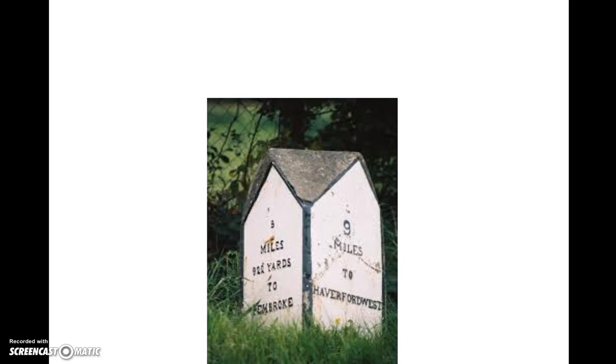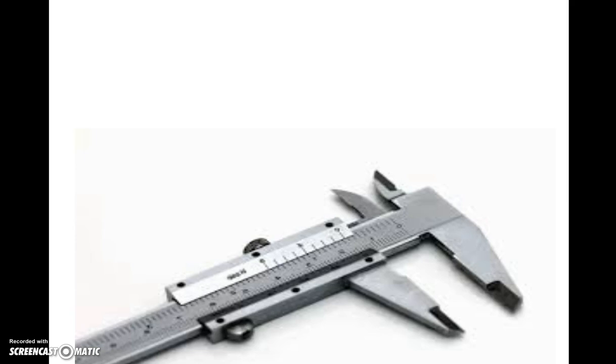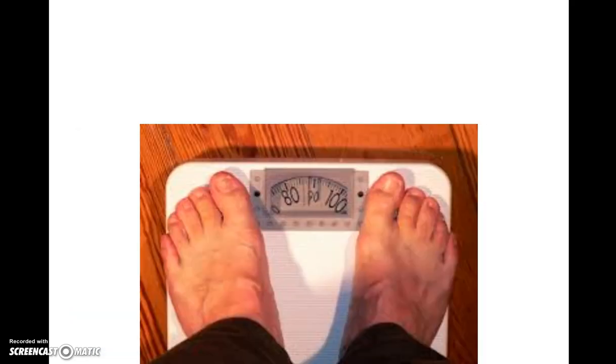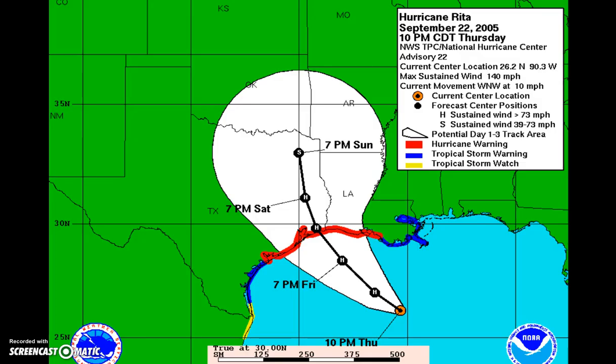That measurement would be more precise. Even more precise would be a tape measure that would measure things down to the fraction of an inch. Even more precise would be a micrometer. This analog scale measures weight, but a digital scale would be more precise.